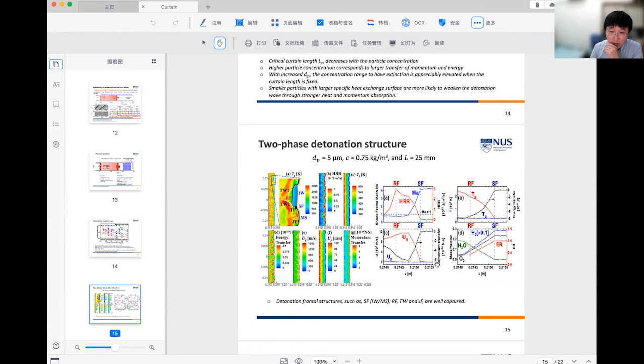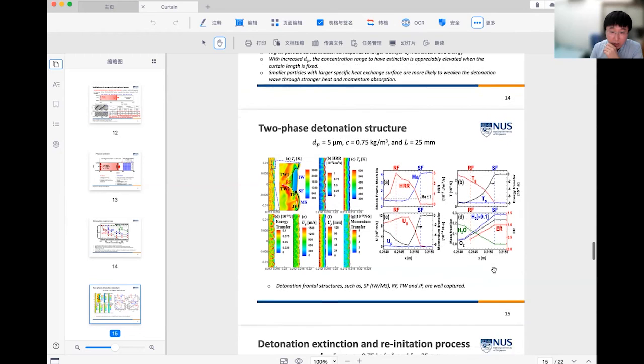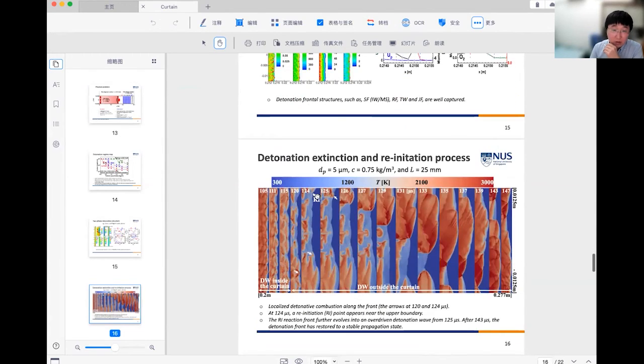And their momentum transfer also peaks inside the induction zone. The last figure shows some key radicals changing along the x direction. ER is the local equilibrium ratio, and so we move on to the next figure.